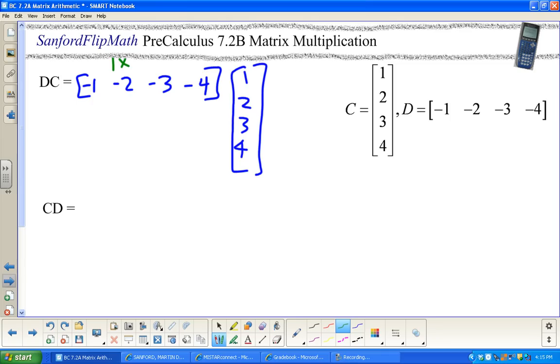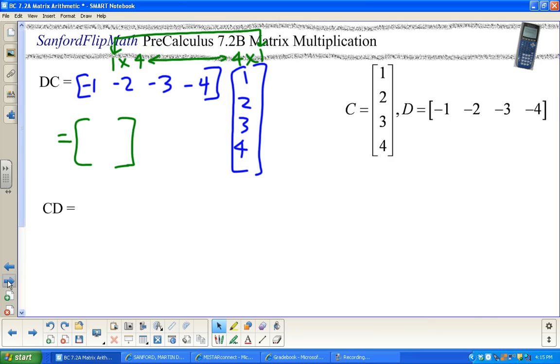This is a 1 by 4. This is a 4 by 1. Those middle numbers match, that's good, and then the answer is going to be a 1 by 1. A 1 by 1, well, it just has a single number. So to me it's amazing that all of this gives me a single number.